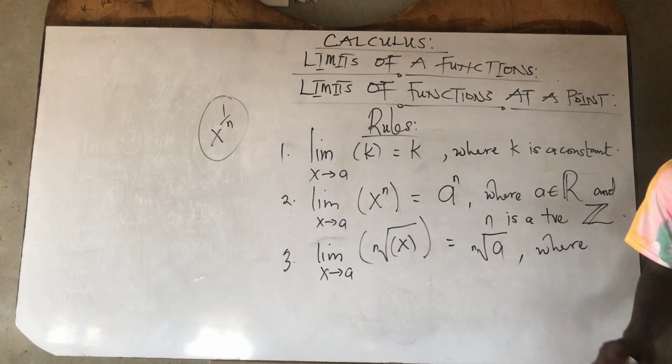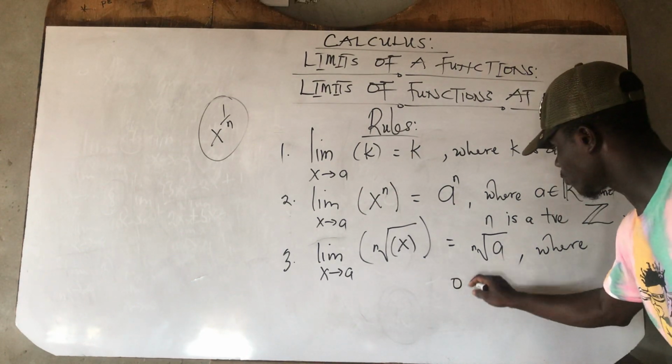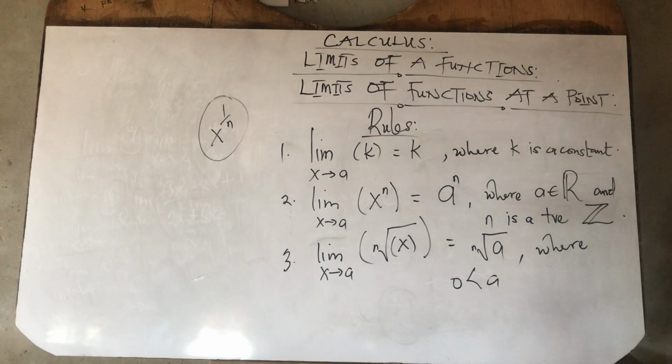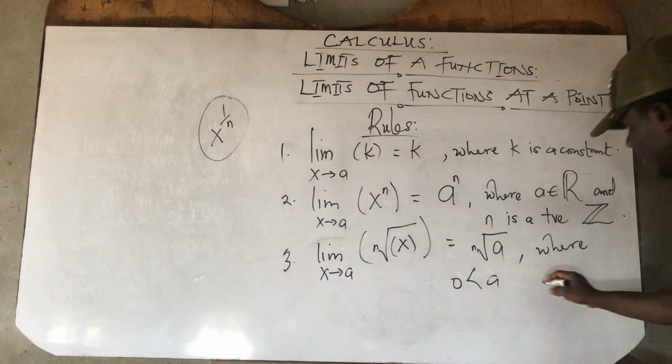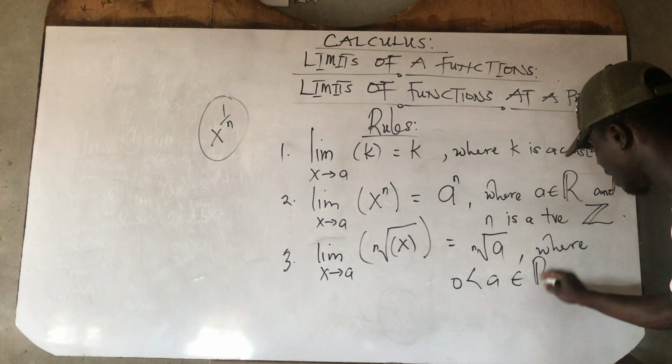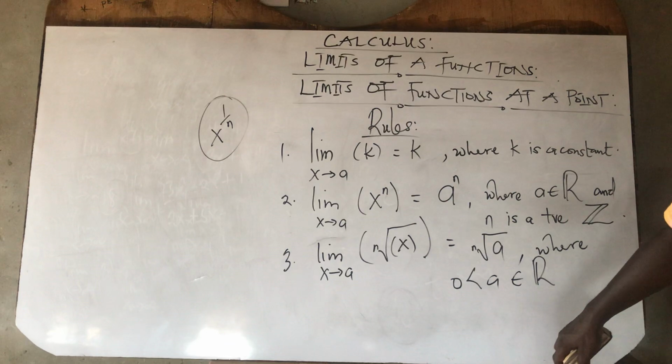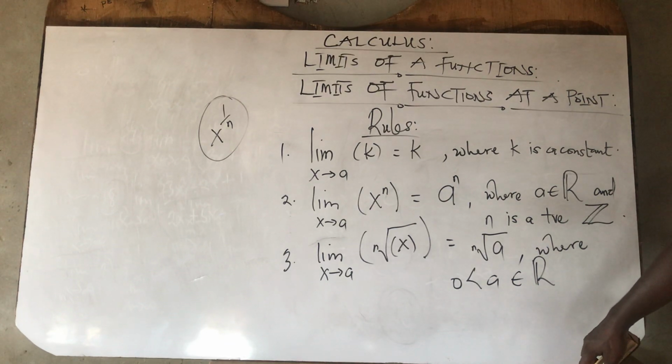Where a is a member of the real numbers and n is an odd positive integer.